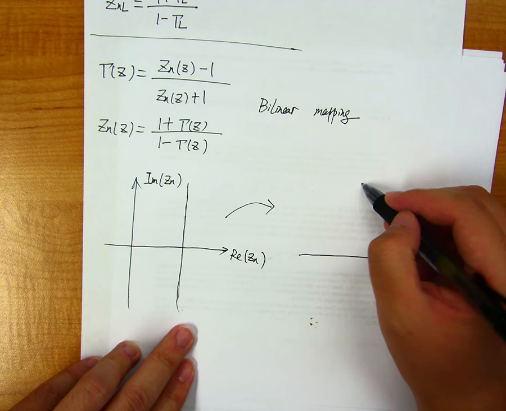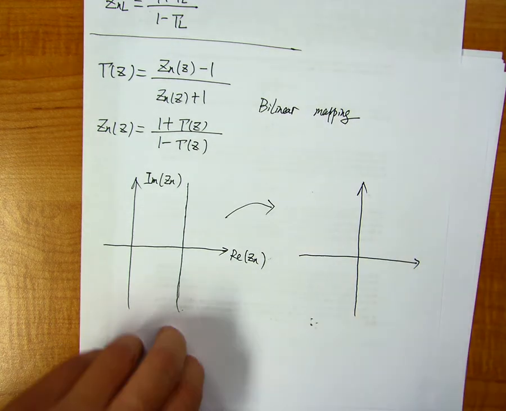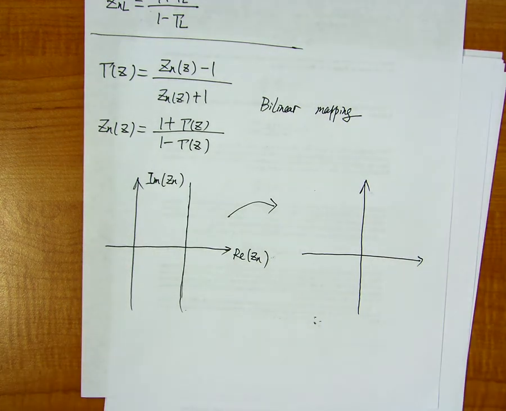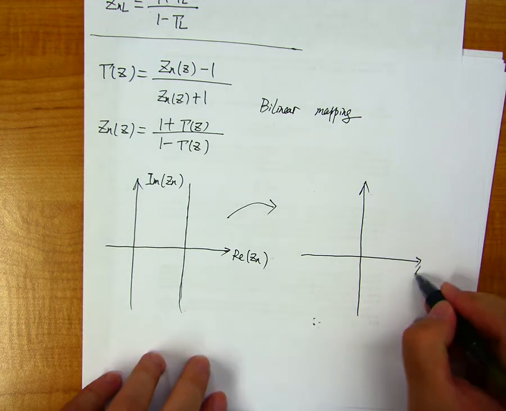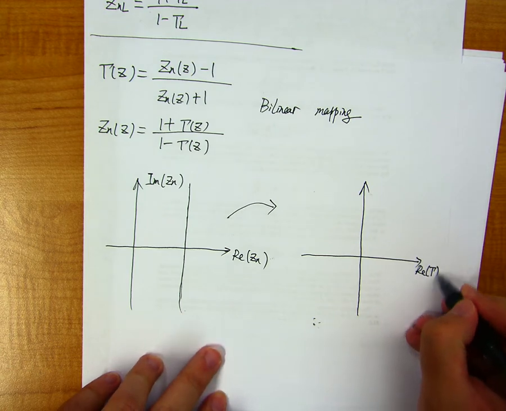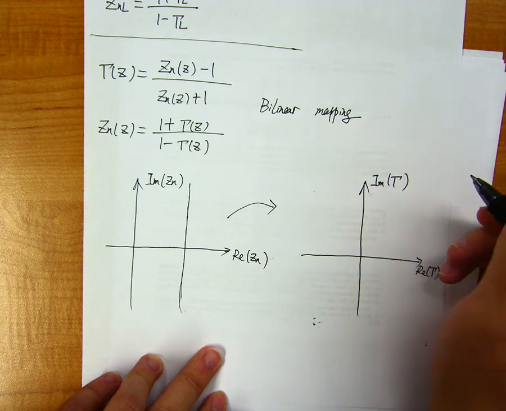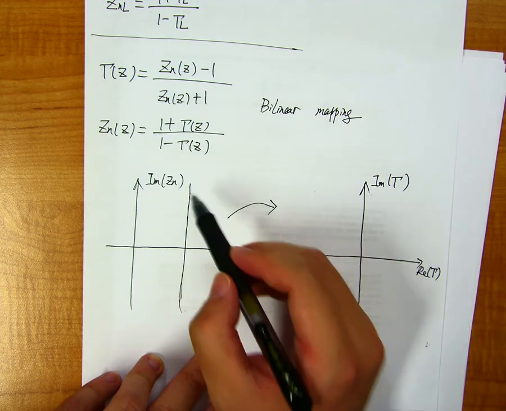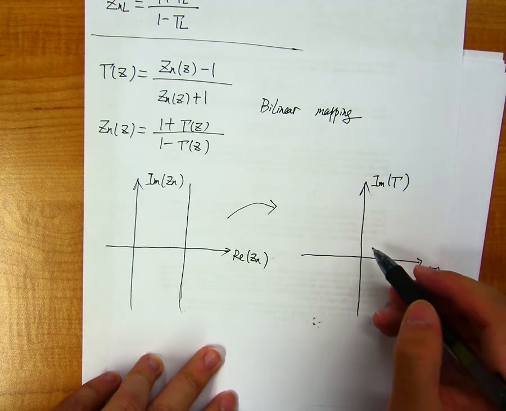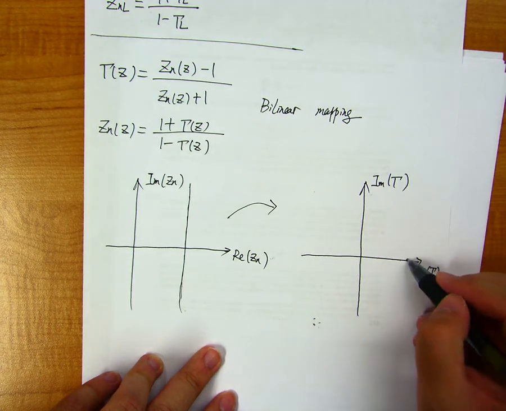well, if we have this real gamma plane and this imaginary gamma plane, this transformation will transform the straight line in the z-plane to a circle, for example here.